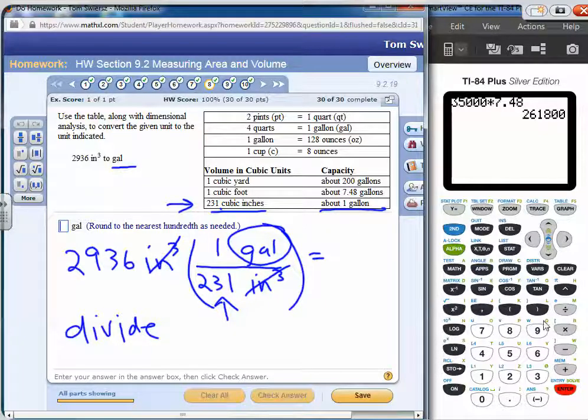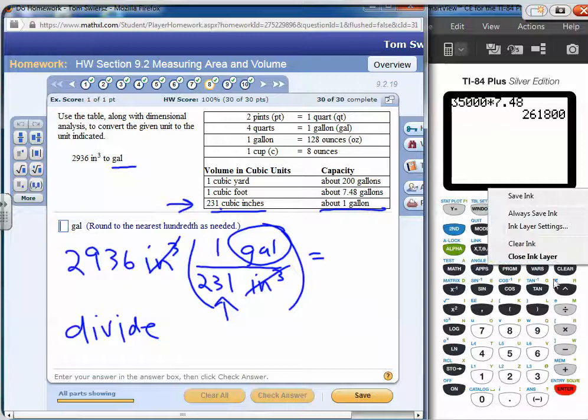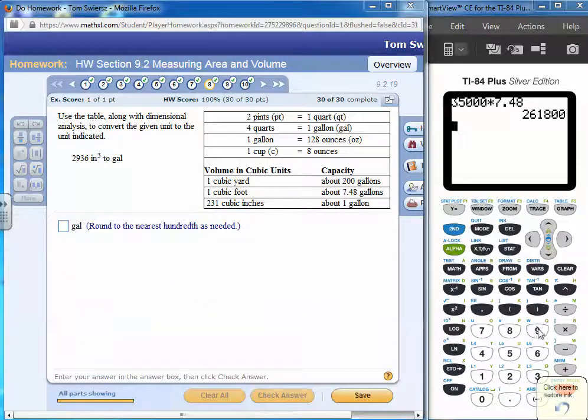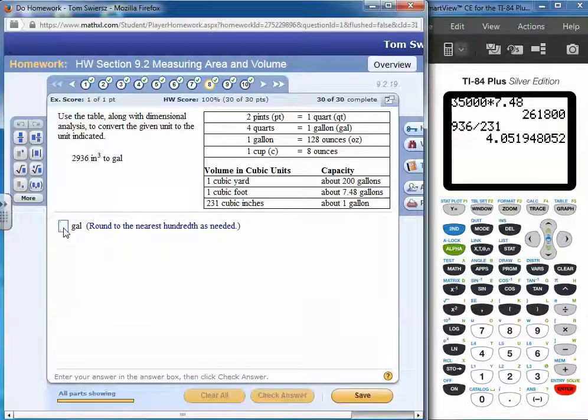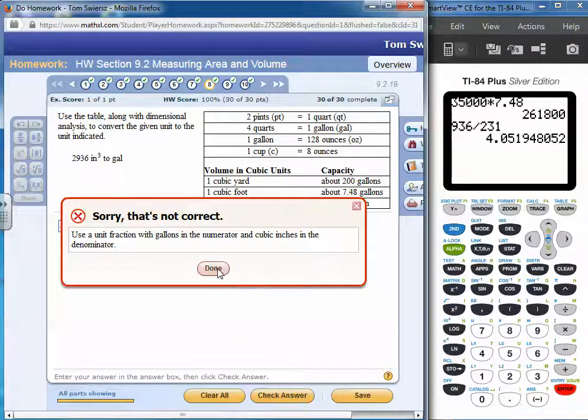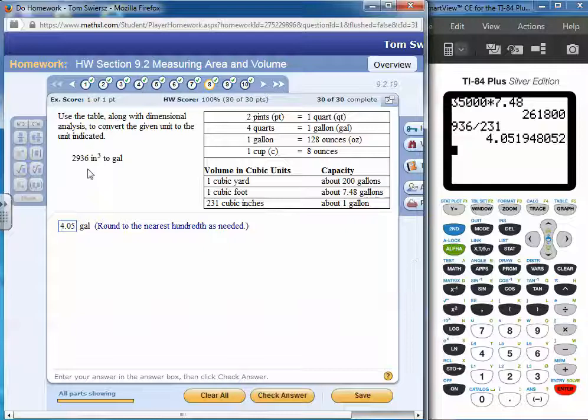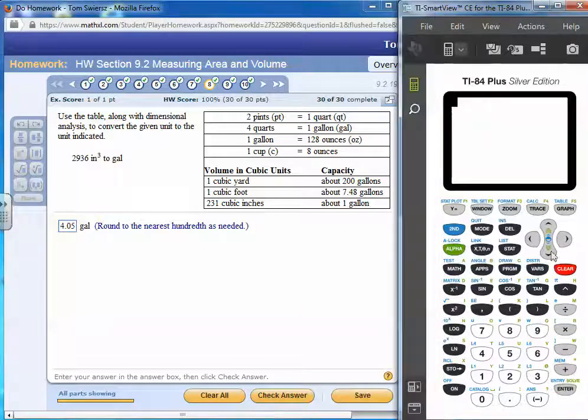So we go ahead and do that. 2,936 divided by 231, we get 4.05, rounded to the nearest hundredth. Whoops, I put in 936.